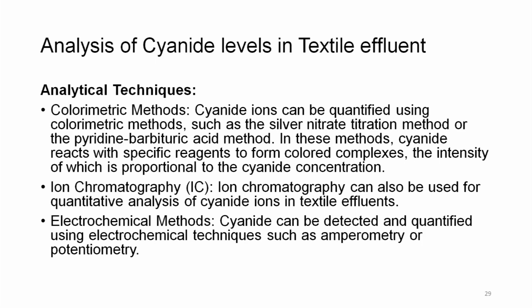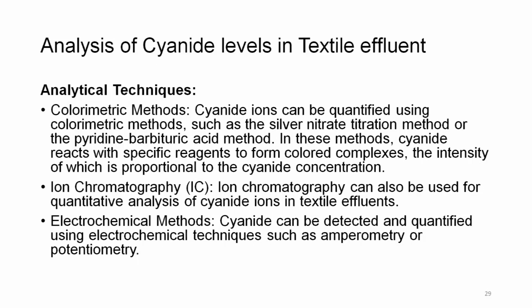Because it is a simple phenomenon, if there is a reagent which specifically reacts with one ingredient and forms a complex, then that complexation can only take place with that ingredient. So, it is directly proportional to how much of that ingredient is actually present, and this is a very straightforward colorimetric analysis. Ion chromatography can also be used for quantitative analysis of cyanide ions in textile effluent.